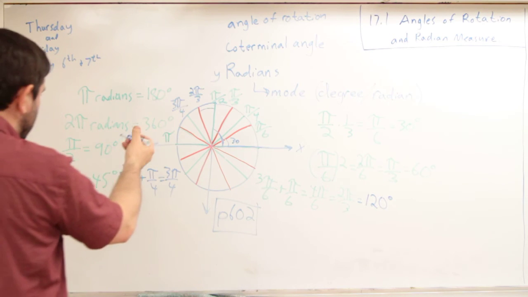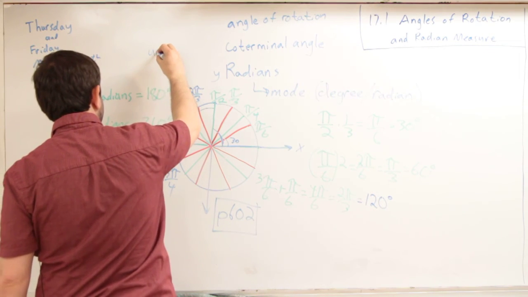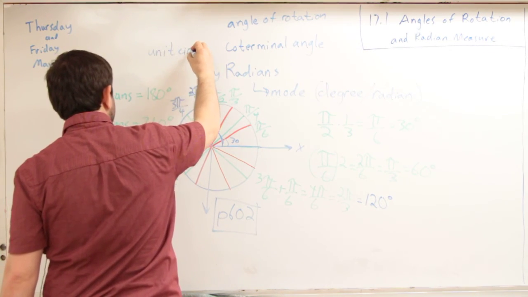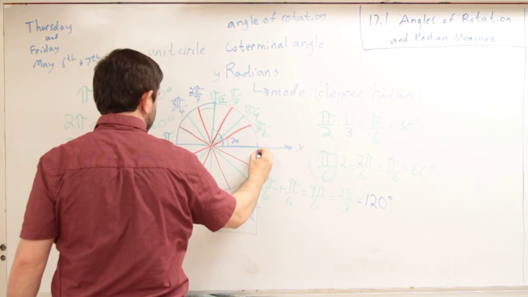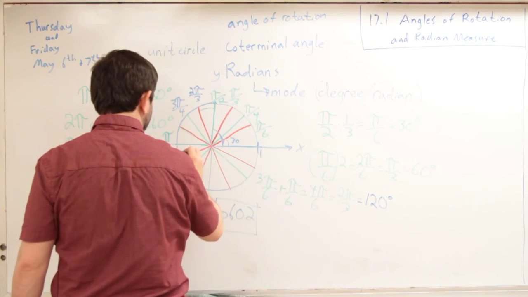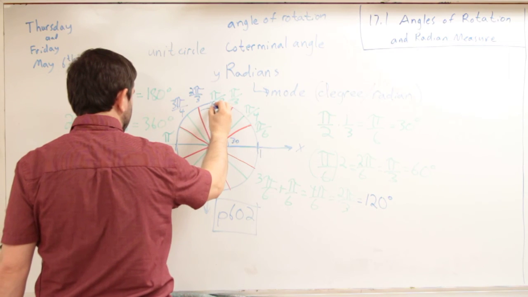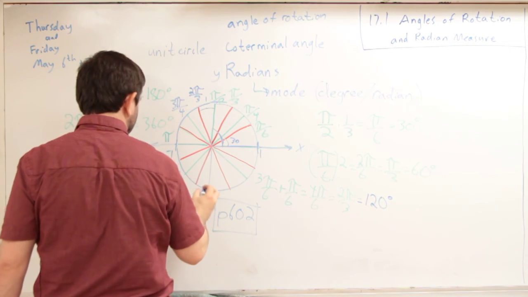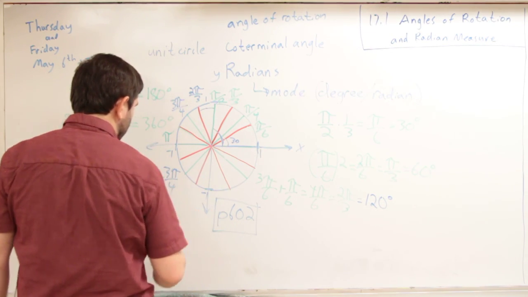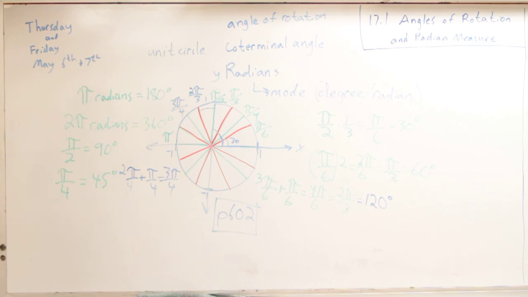And this is actually called a unit circle. So this is the length of 1, this is the length of 1, this is the length of 1, negative over there, and that's the length of negative 1. So this is a circle centered around the origin with a radius of 1.